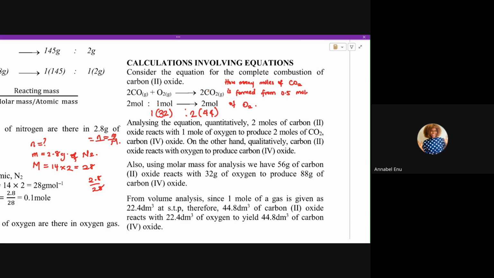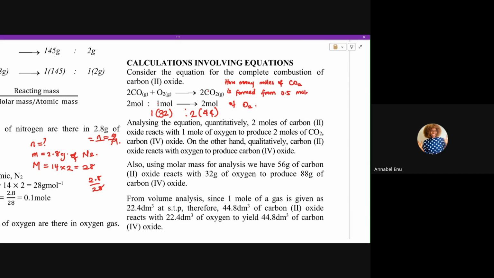So in essence, 32 grams, the grams coming from the molar mass, is equivalent to 88 grams of CO2 because we are following the balanced chemical equation.